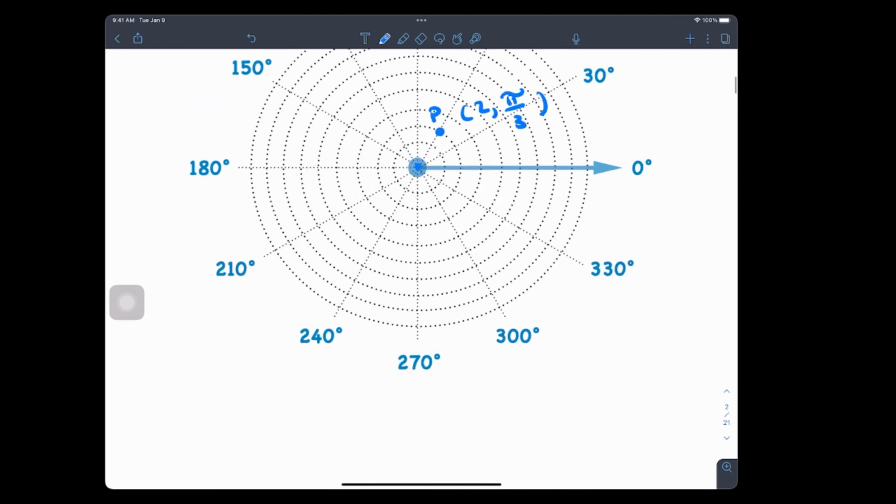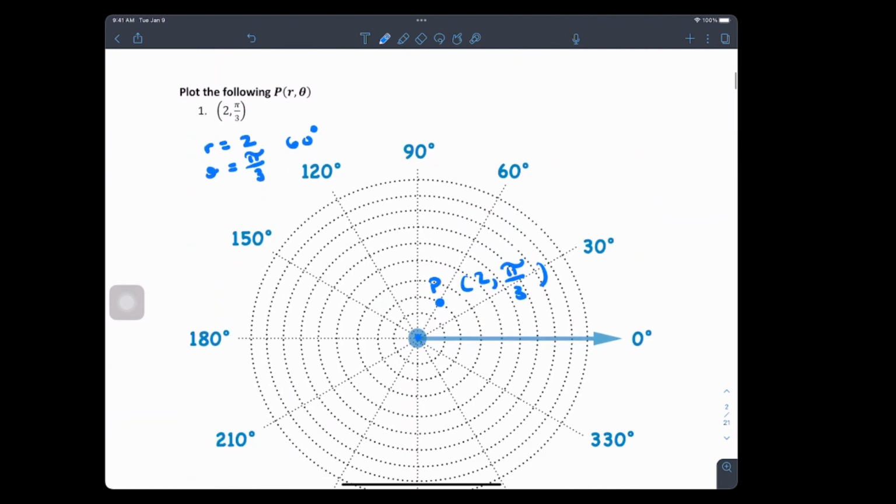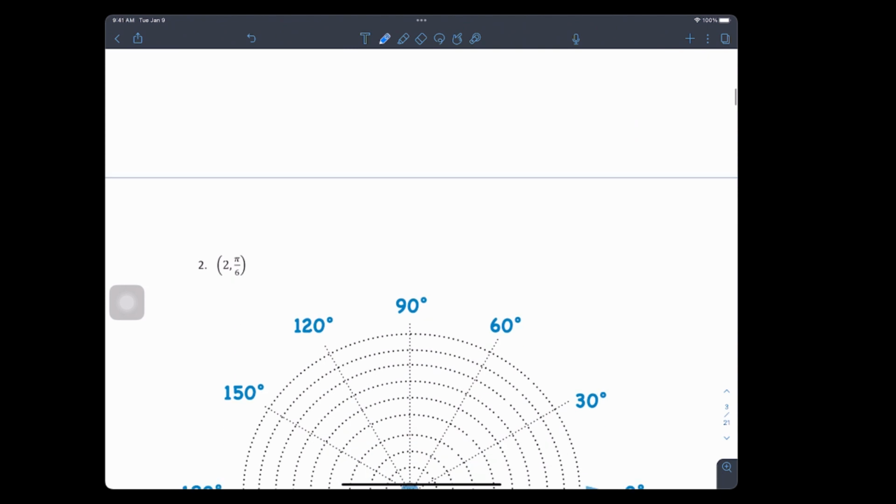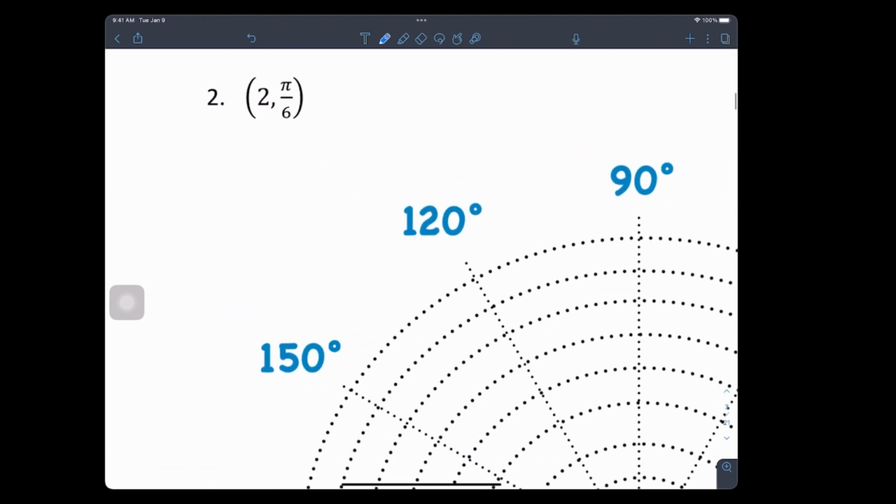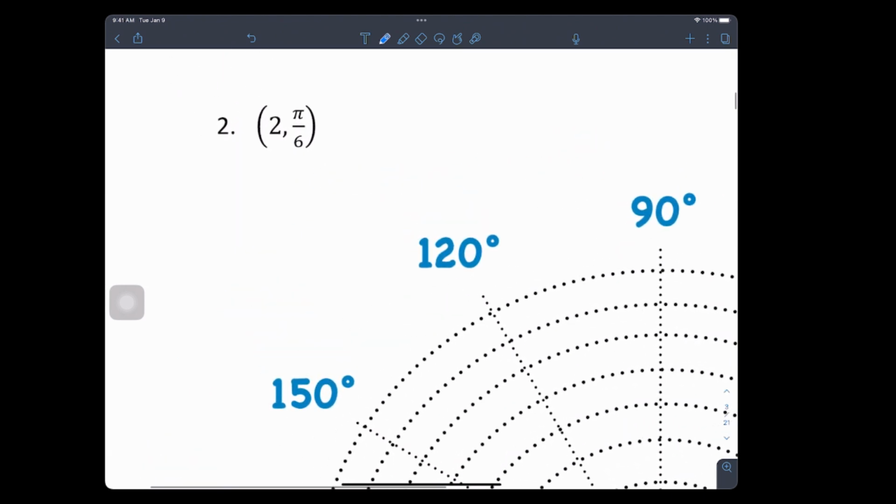What happened? Oh, now they want to know where is (2, pi over 6). So my radius value here is 2 now, and the angle is pi over 6. What's pi over 6? Isn't that going to be 30 degrees? Is that right?